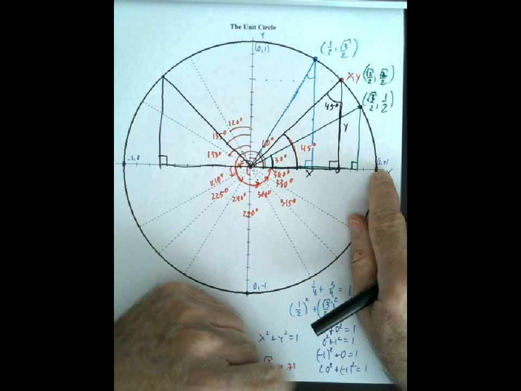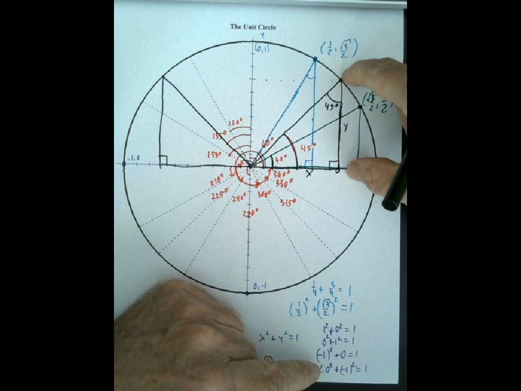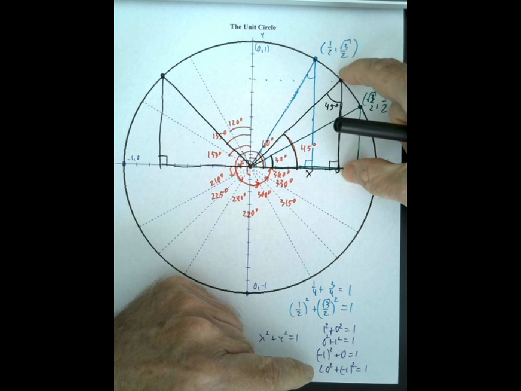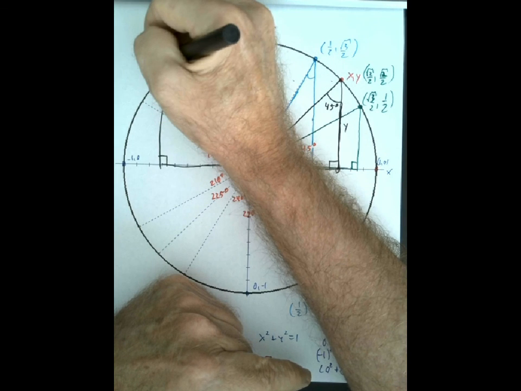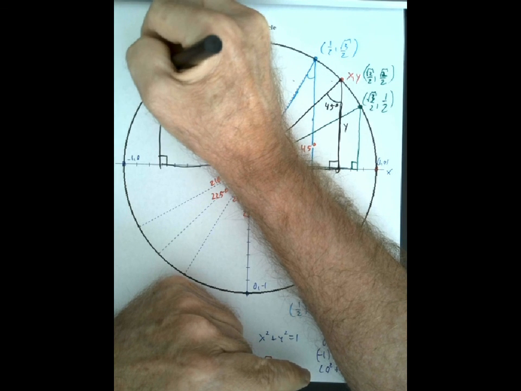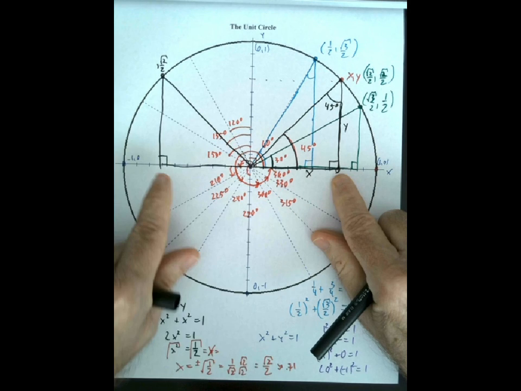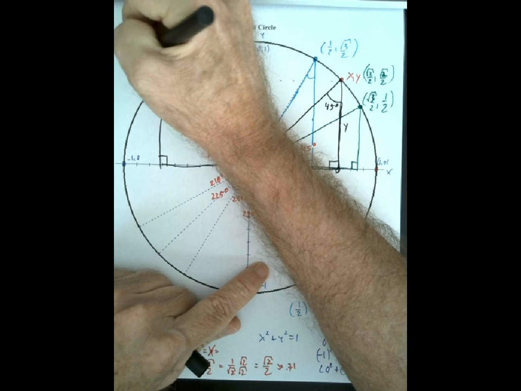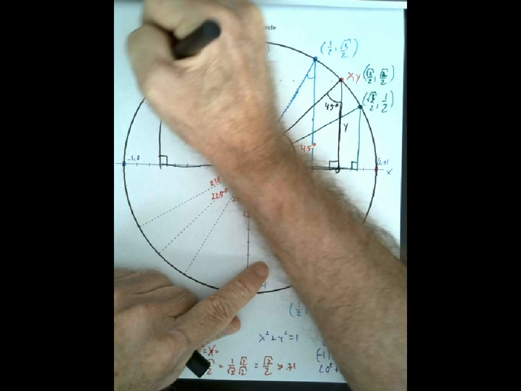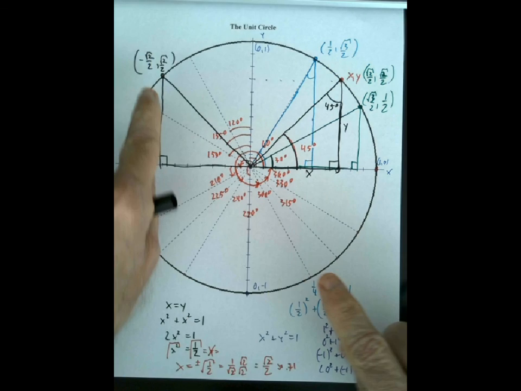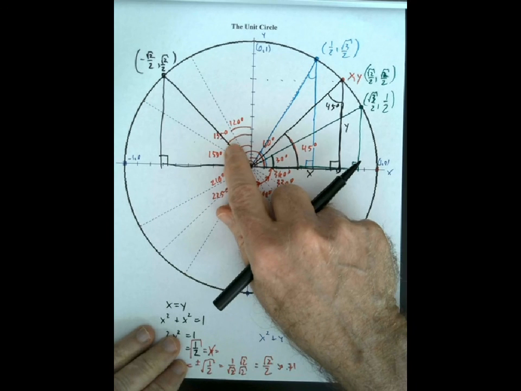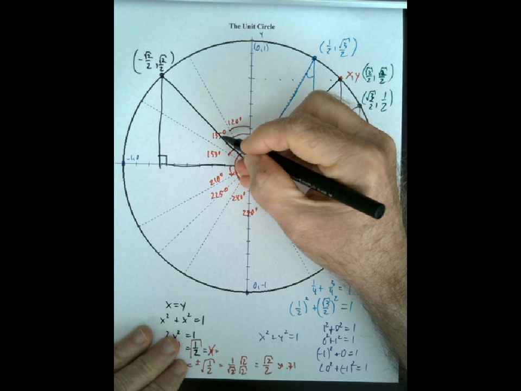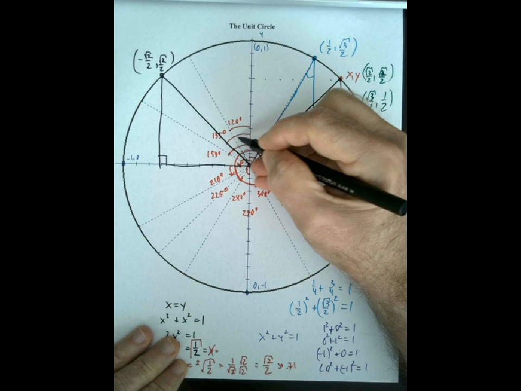But my point is you can see that for this point here, the y-coordinate is the same because it's the same distance up. So the y-coordinate is also rad 2 over 2, and the x-coordinate is the same distance in the negative x direction. So its coordinates are negative rad 2 over 2, comma rad 2 over 2, and that's the point, you understand, that's associated with 135 degrees. This angle right here. Okay?